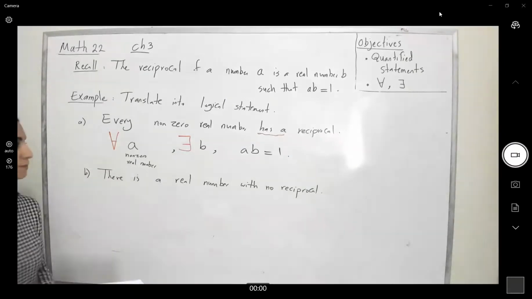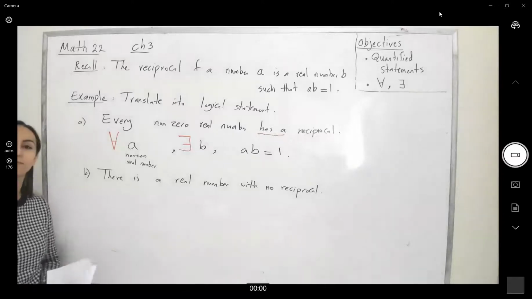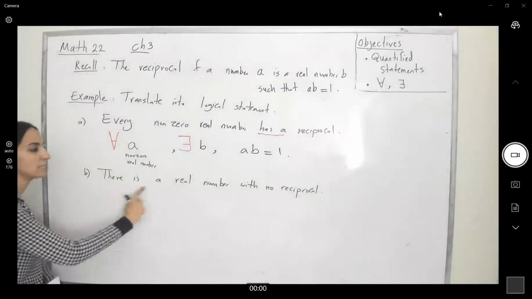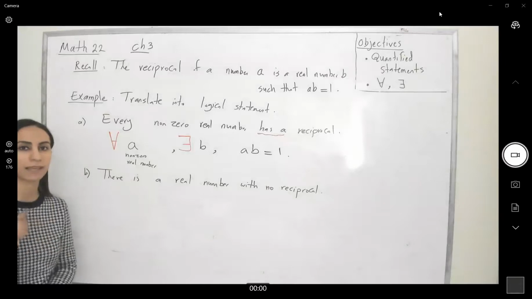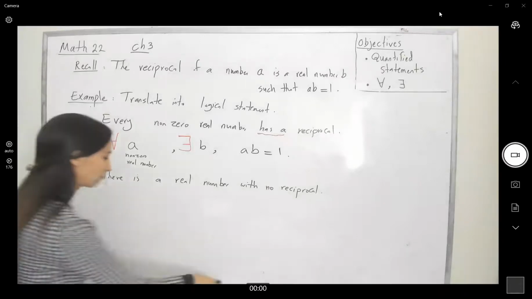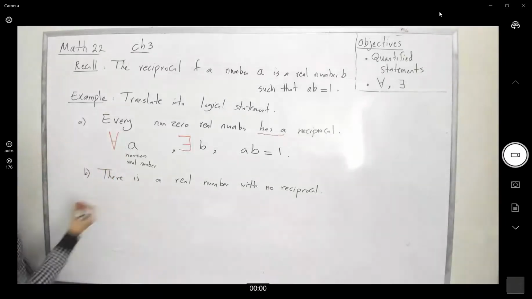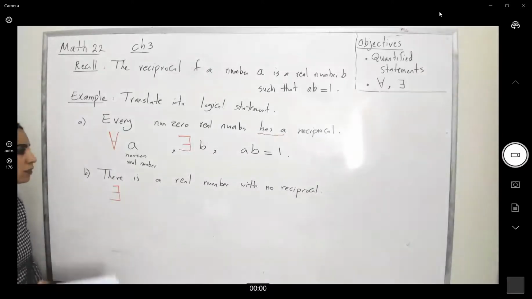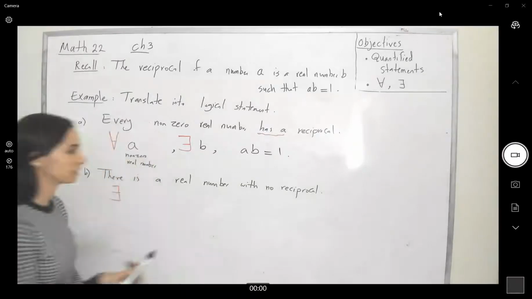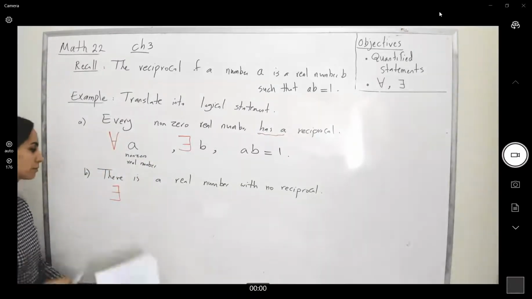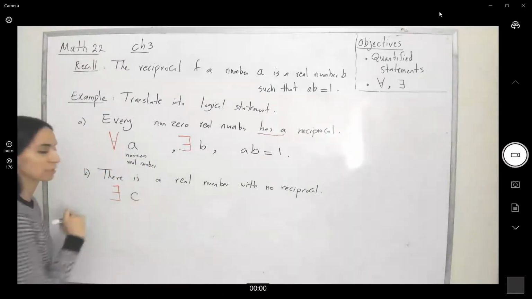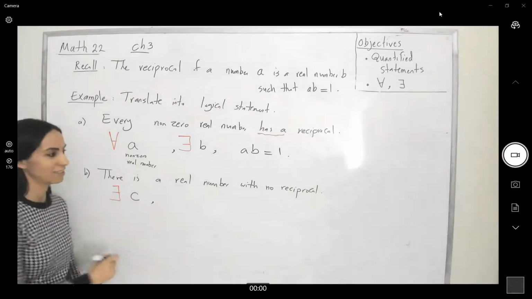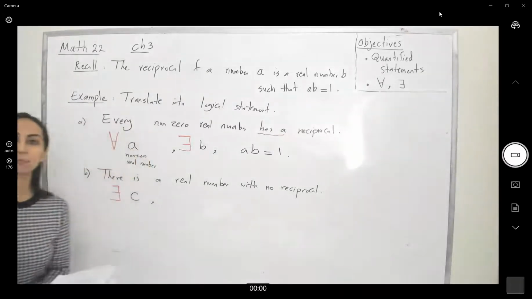What about the second one? It says there is a real number that has no reciprocal. So, of course, it starts with there is. There is a real number like C. It has no reciprocal.